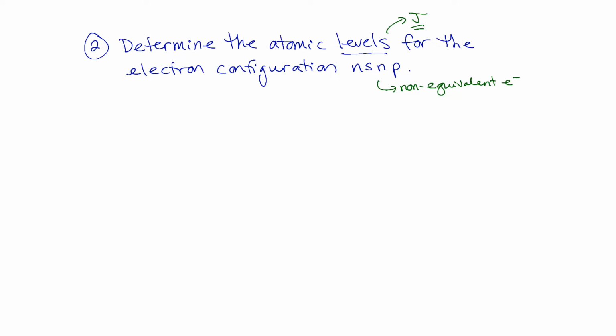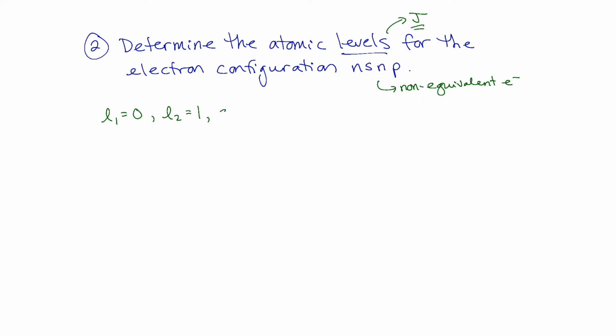Okay, so as usual, we will assign our L's and our S's for each electron in our configuration. So L1 here is in an s orbital, so that's going to get a value of 0. L2 for our second electron is in a p orbital, so that's going to be a 1.